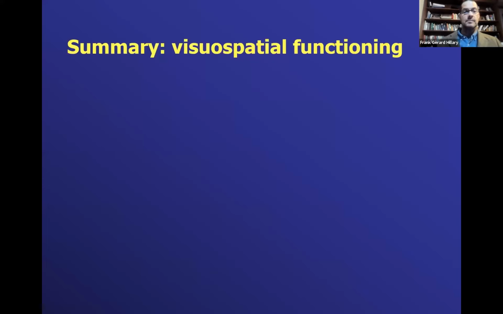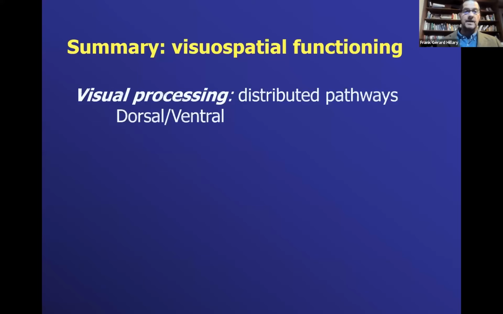So just as a summary of our quick overview of visual spatial functioning, visual processing is distributed pathways, and there's the dorsal stream and the ventral stream. Remembering that the dorsal stream gives you information more about space or where something is, and the ventral stream integrates visual information with regard to what, or semantic information, or how something is processed, or how something acts.